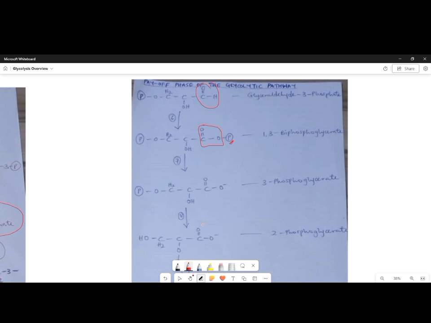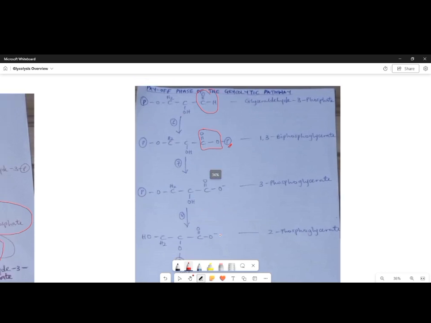So the phosphate group here has been removed, given off, and what you have left is 3-phosphoglycerate.